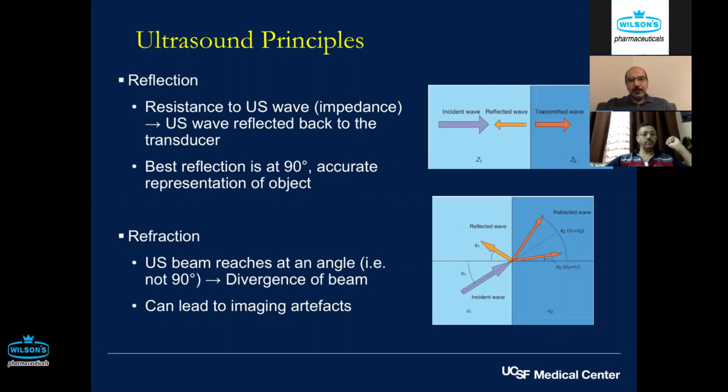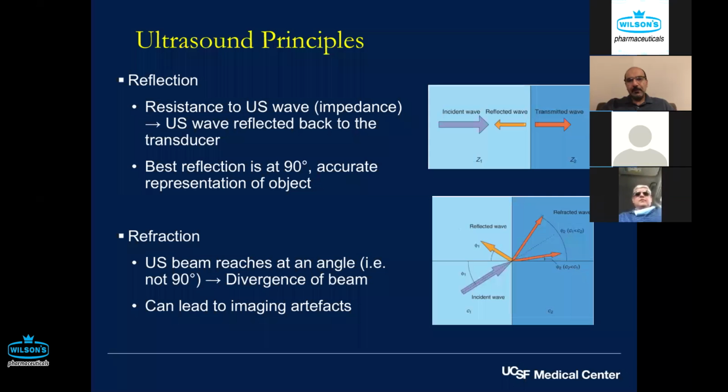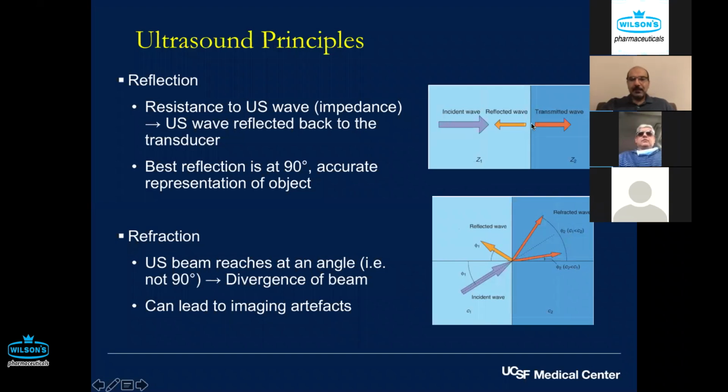The principles of ultrasound, which most people may be familiar with, are that there's the incident wave, which goes and bounces off. Some waves will penetrate through, and others will come back, and these are what generate the signal.